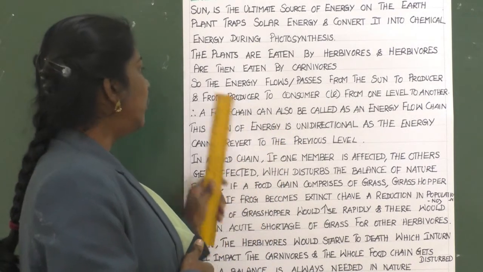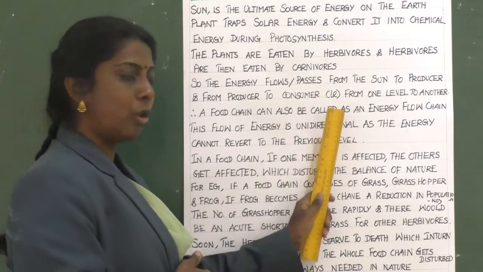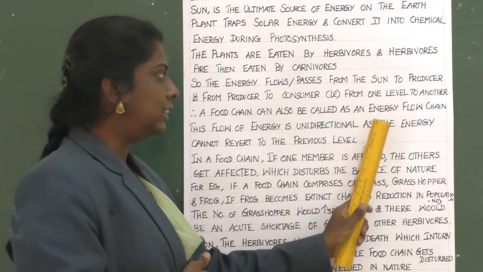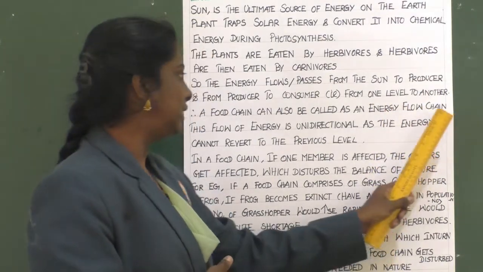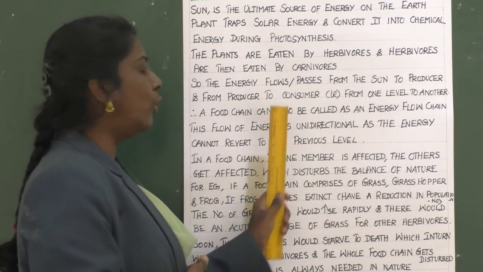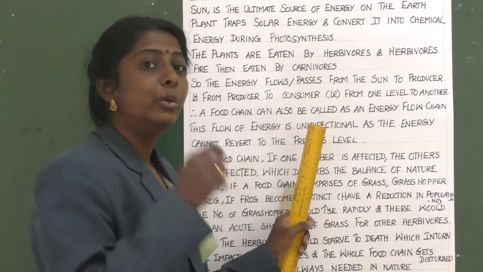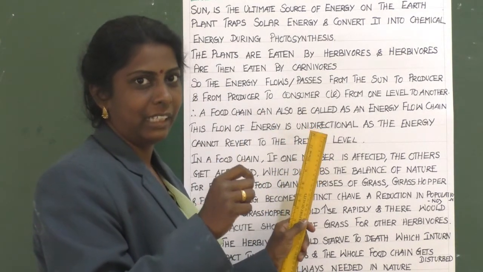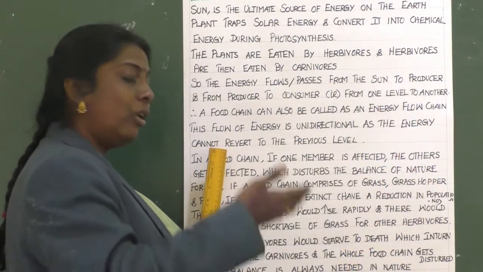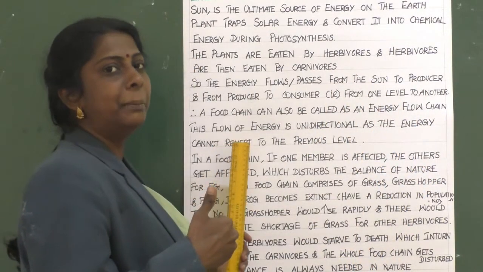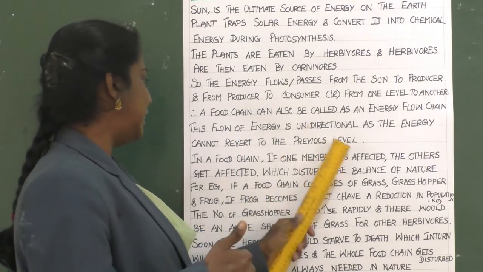Clear? So, therefore, a food chain can also be called an energy flow chain. What is that? Energy flow chain. This flow of energy is unidirectional, as the energy cannot revert to the previous level.